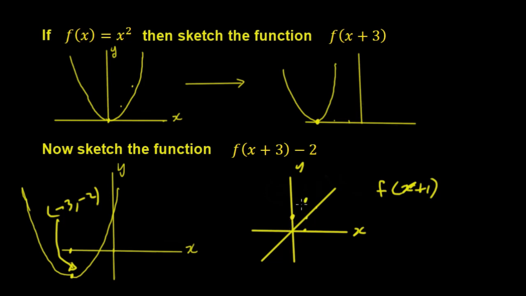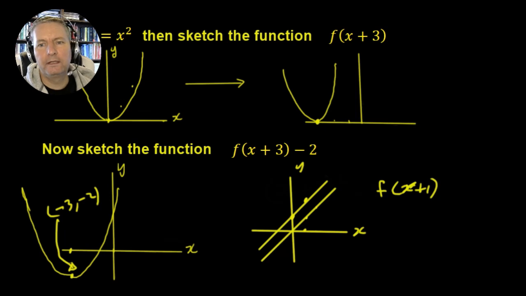Now if I were to join these two points together, it would create a line. So here's the line here. But what we've done here now is we've taken this function and we've shifted it to the left. So whenever we have a x plus 1, it's going to shift to the left, and x minus 1 would shift to the right.